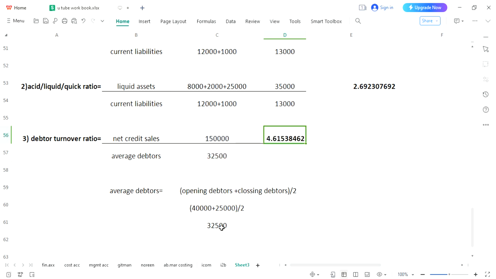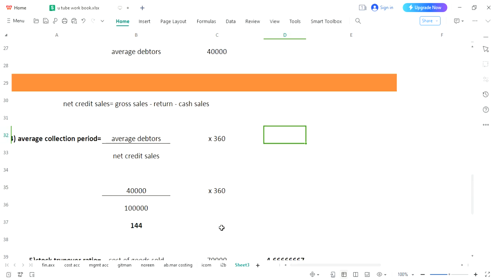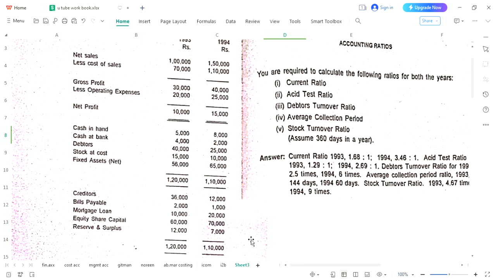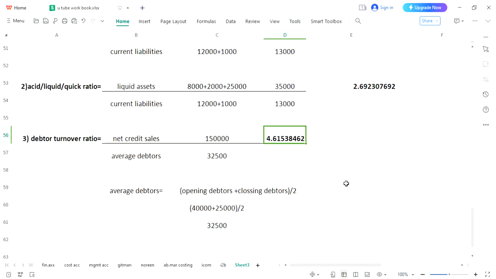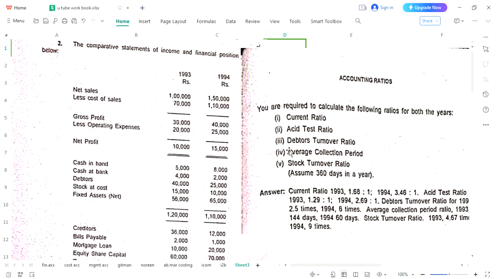But please be attentive, this answer would not match the answer given in the book. Debtor turnover ratio for the second year in the book is 6, while our answer is 4.615, and you will write this answer. Why? Because I will let you know why this 6 came.